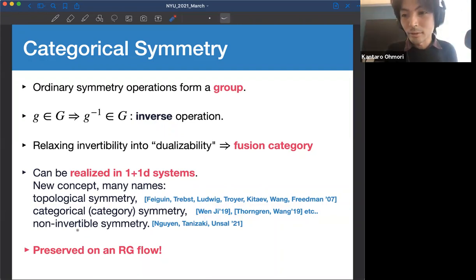Others call it non-invertible symmetry, but those are all the same concept. And the important property of this categorical symmetry is that it is preserved under RG flow. Therefore, in that sense, we can use this categorical symmetry in a similar way to how we use ordinary symmetry in QFT, in the context of renormalization group flow.